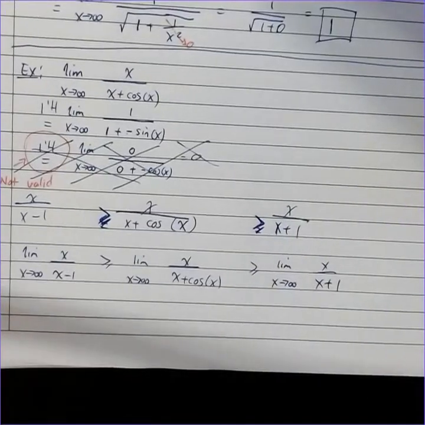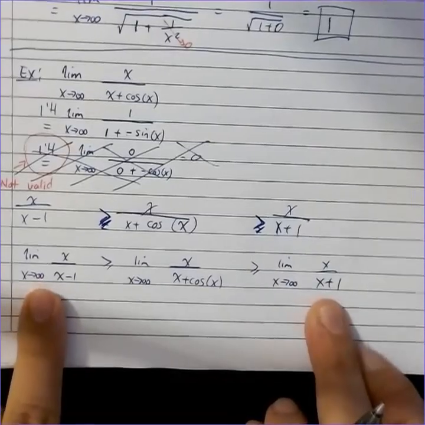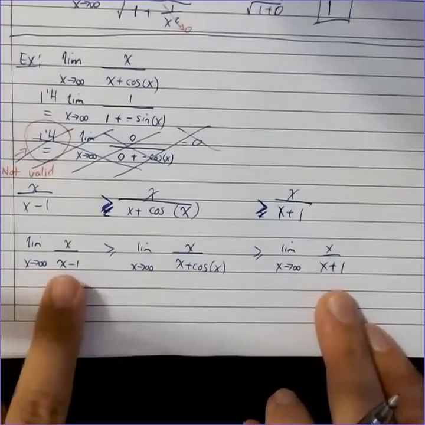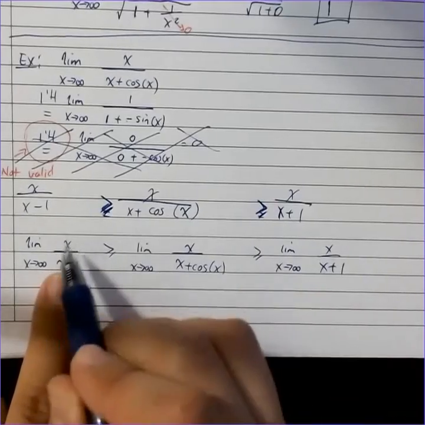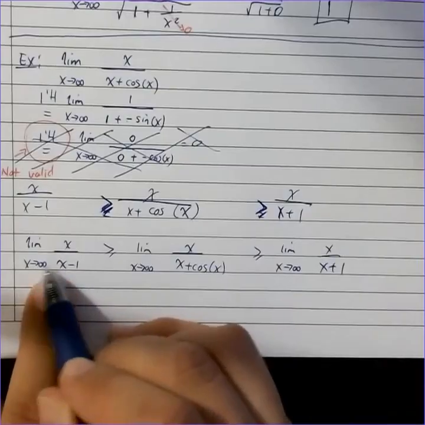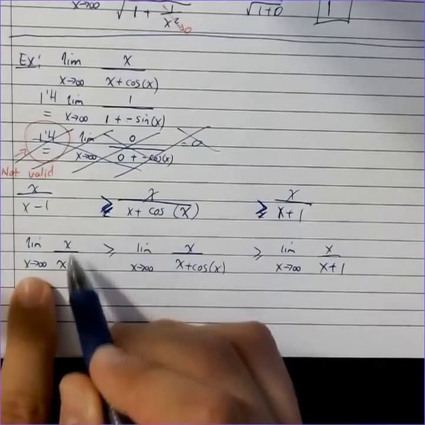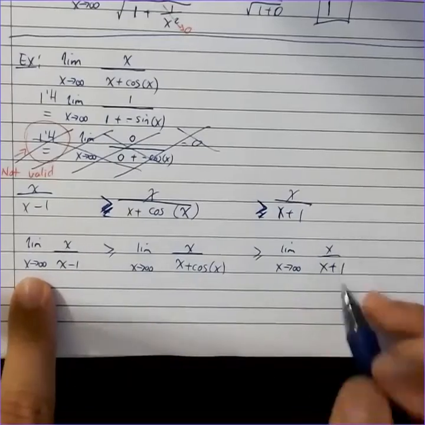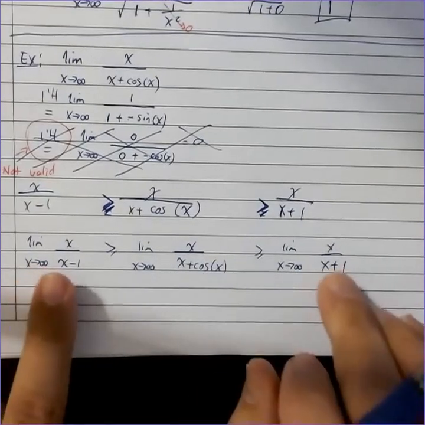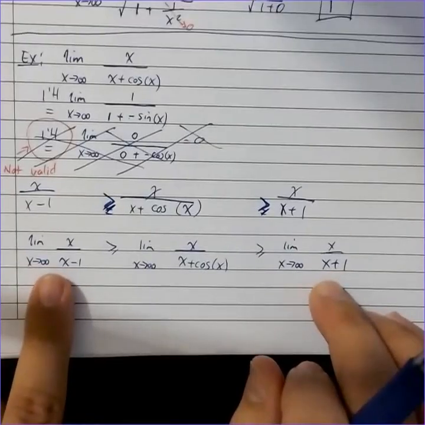And both of those limits are 1. Right? Either you divide everything by x like we would in Cal 1, or if you like, you actually can use L'Hopital's rule on this one. This is the form infinity over infinity, and if you take the derivative of the top and the bottom, you get the limit of 1 over 1, which is 1. And same thing over here. So if you want to use L'Hopital's rule on these, that would be acceptable.